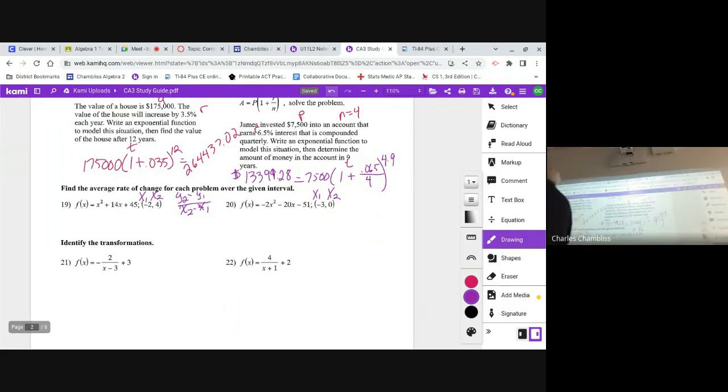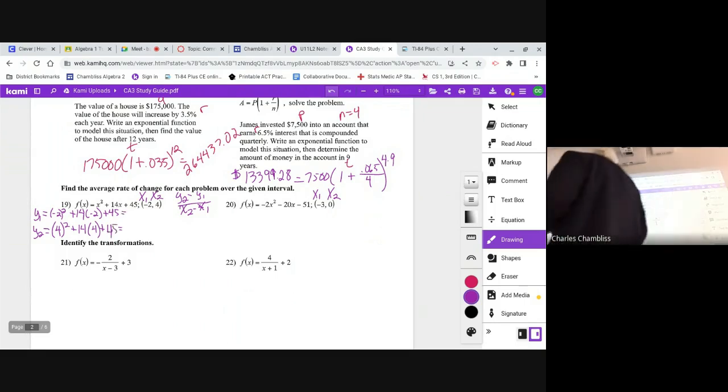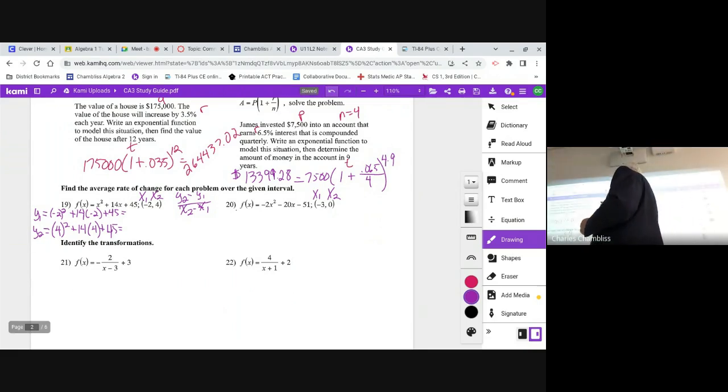So y1, plug x1 into the formula, that's -2 squared plus 14 times -2 plus 45. Y2 is going to be 4 squared plus 14 times 4 plus 45. Over here, plug in the -3 first, so y1 equals -2 times -3 squared minus 20 times -3 minus 51.